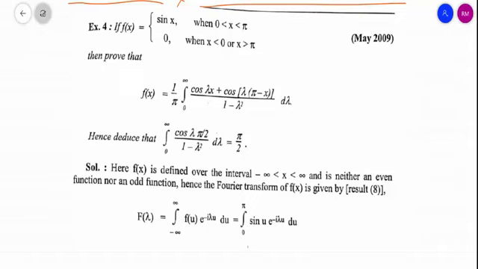For other places it is 0. So for 0 to pi, just replace f of u by sin u, we get this equation: F of lambda is equal to the integral of sin u e raised to minus i lambda u du. So this is nothing but the Fourier transform of the given function, say f of x.